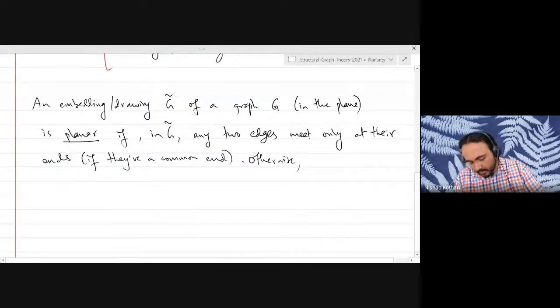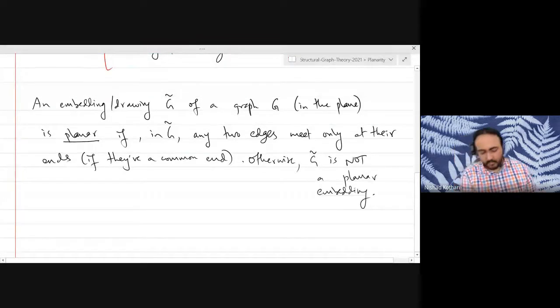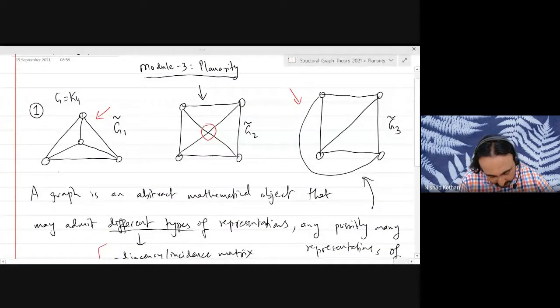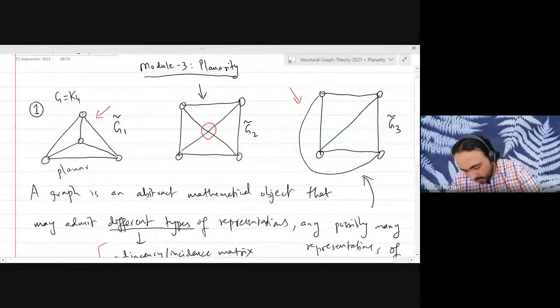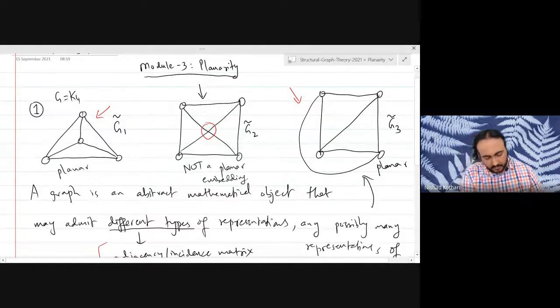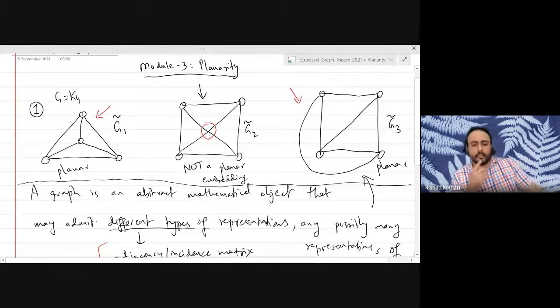Otherwise, the embedding is not planar, not a planar embedding. Okay? So in particular, in our example, these two, G1 tilde and G3 tilde, are planar embeddings of K4. However, the middle one is not a planar embedding. Okay?